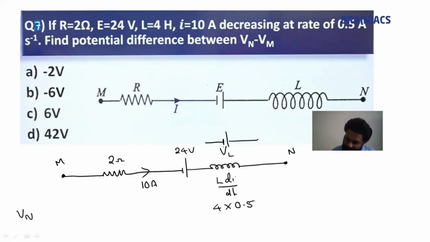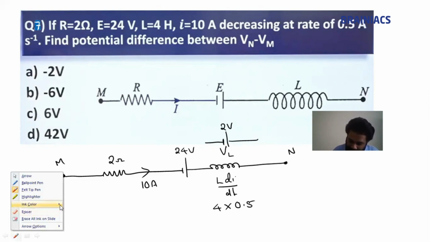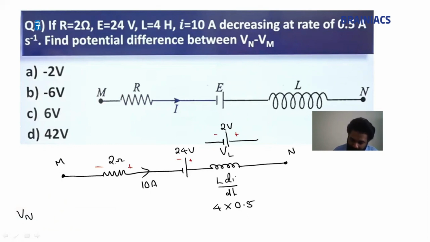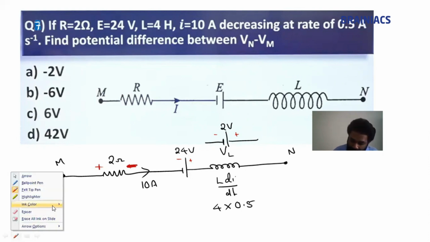So let us take this as 2 volt. So Vn coming in this direction, let us put the symbols also. Plus minus is already there. Oh no, I'm sorry, plus minus for the resistor we will have to put like this because current is flowing.